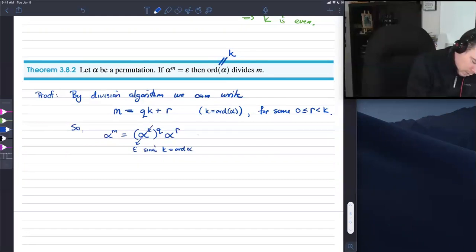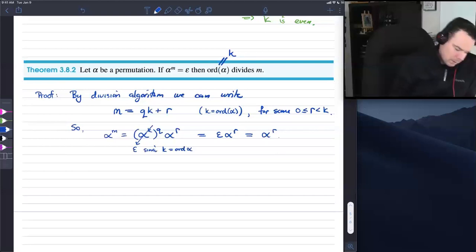And so this is equal to the identity times alpha to the r, or alpha to the r. And so what do we have now? Well, we're assuming that alpha to the m is the identity. So I just circled the statement inside the theorem. Alpha to the m is the identity. So that means this whole thing is equal to the identity.